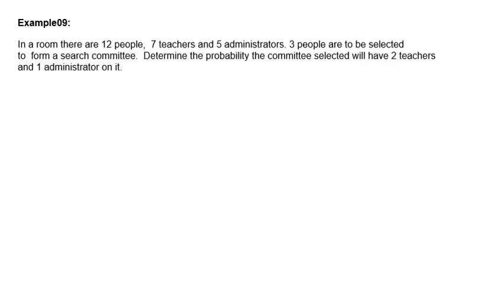Next problem. All right, read it. Stop the video. All right, here I go. We need to determine the probability the committee selected will have 2 teachers and 1 administrator on it. Probability problem where we know what the population is made up of. We should be able to count our way through the problem.